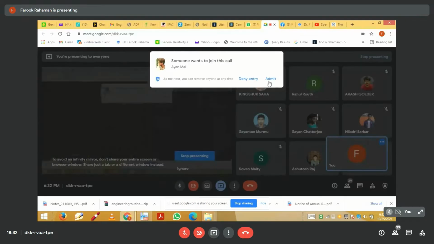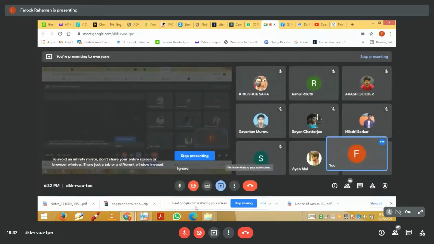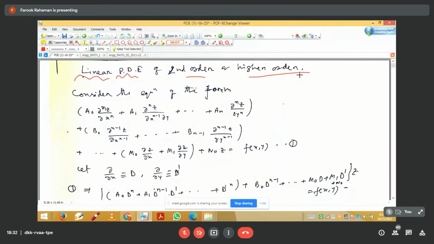Okay. Now consider in general the general linear higher order partial differential equation of this form.